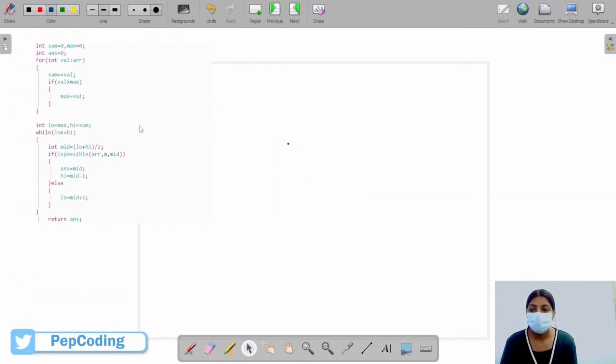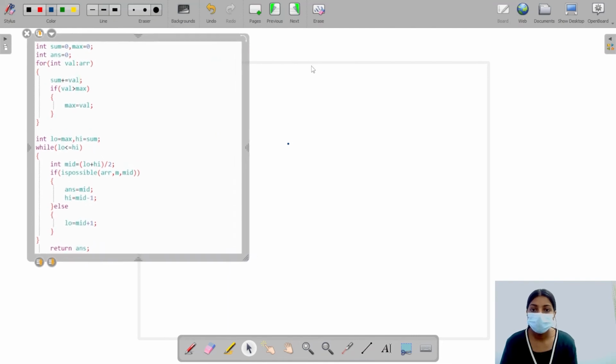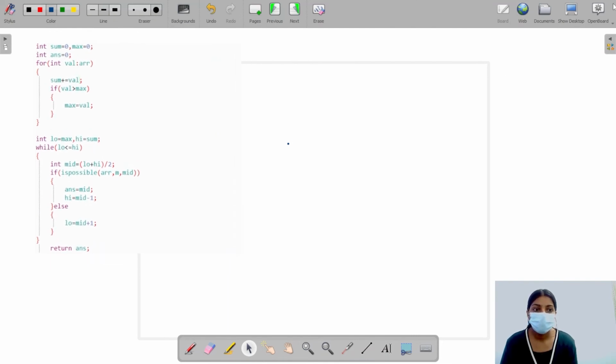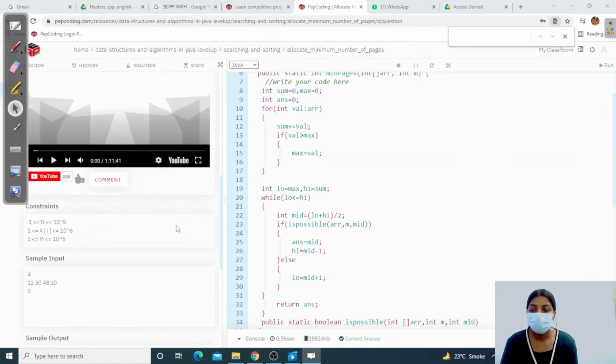And now what is my array, what is my sample input? Let's check. My sample input is 12, 30, 48 and 10. It means we have 4 books, and my number of students is 2.